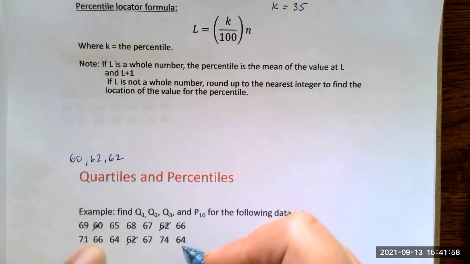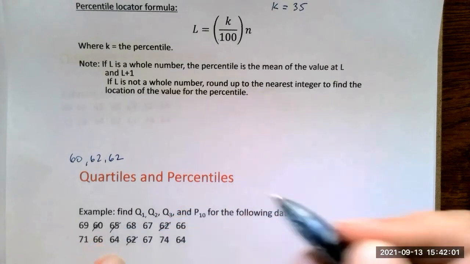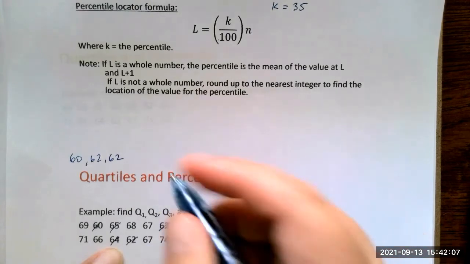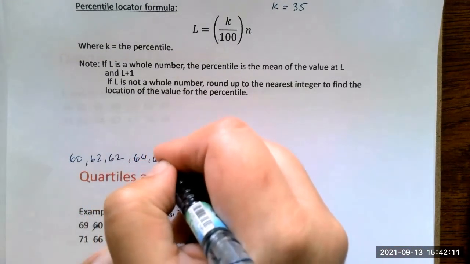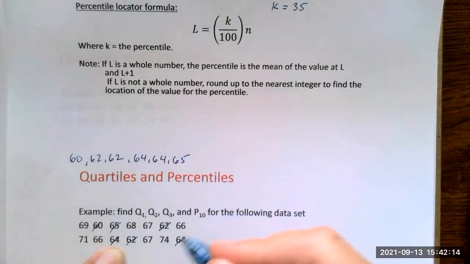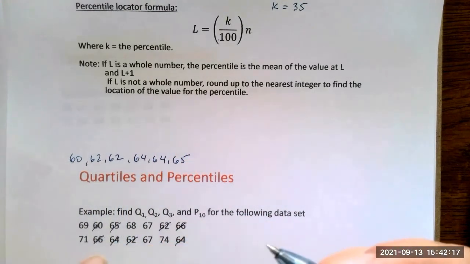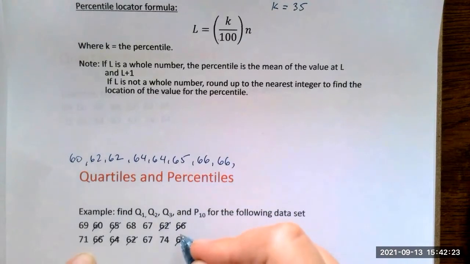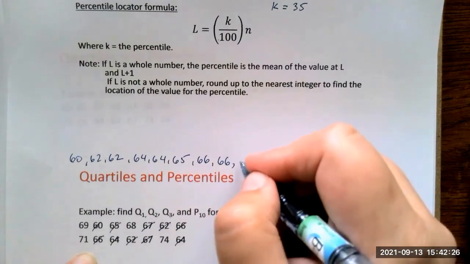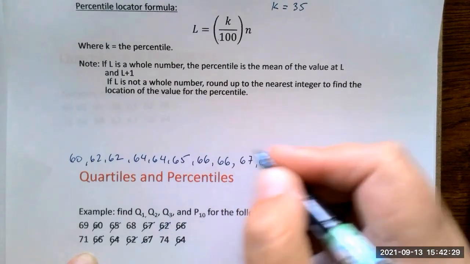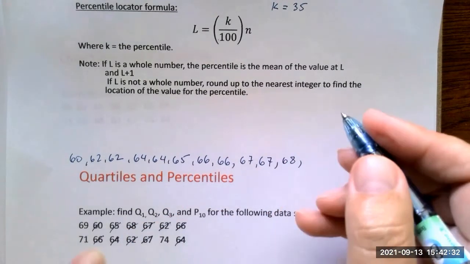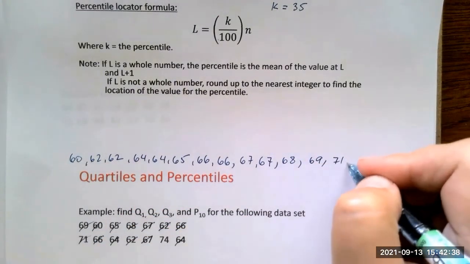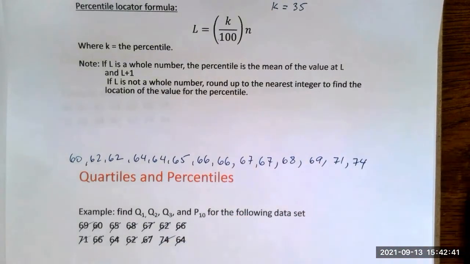Then 60, 64, 64, 65, 65, then 66 and 66, two values, and then 67 and 67, 68, 69, 71, and 74. Okay, we arranged our data values.